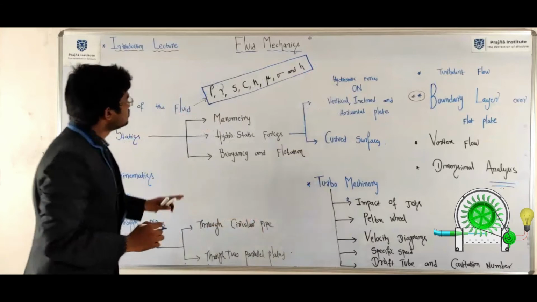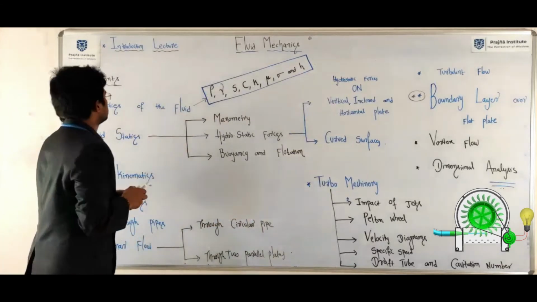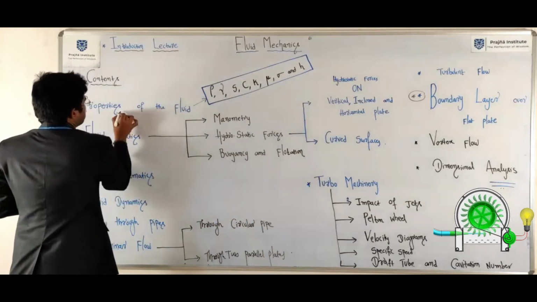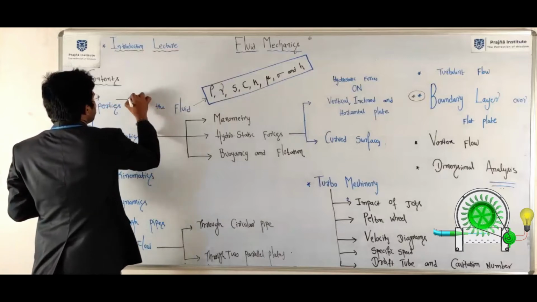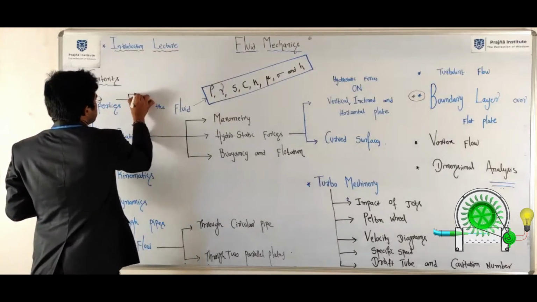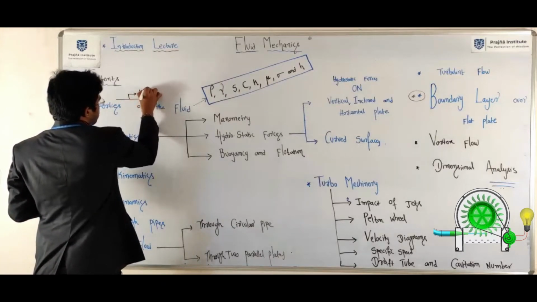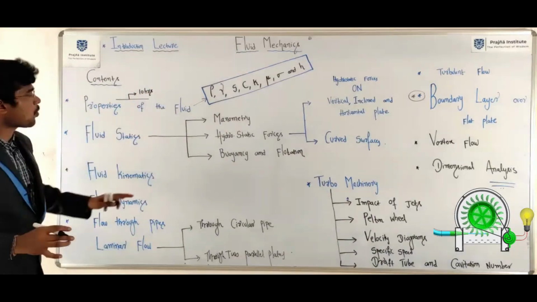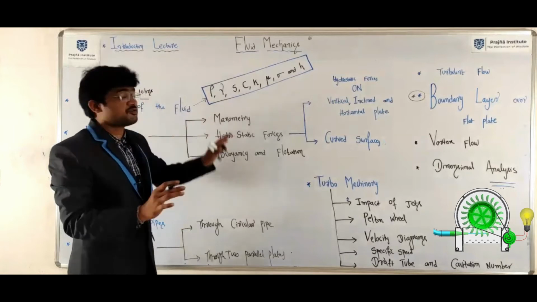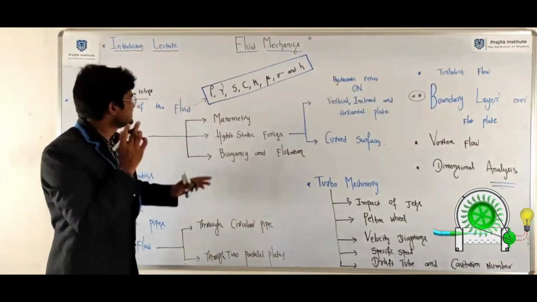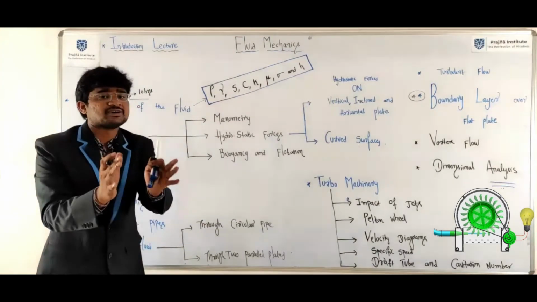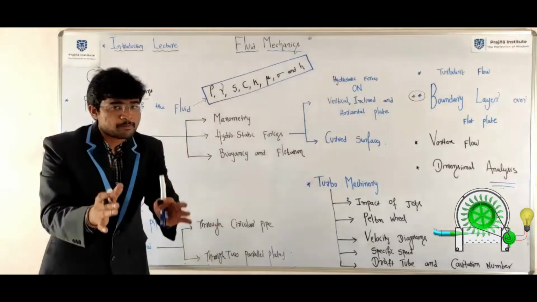To discuss this particular chapter, we need a minimum of 10 hours. 10 hours required to complete the first chapter. First, you can discuss the definition of each and every fluid property.